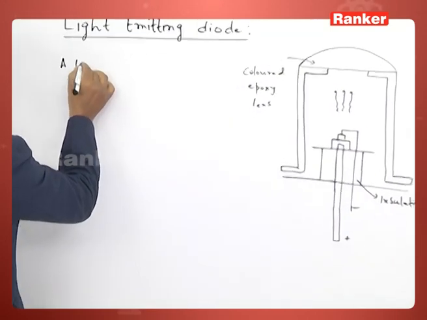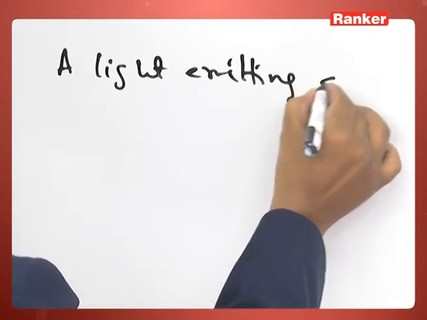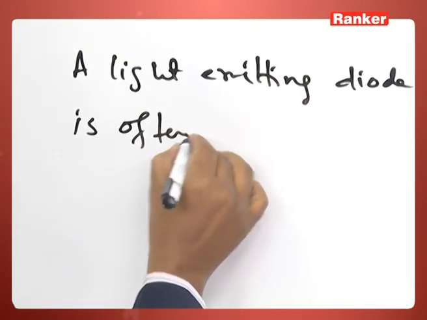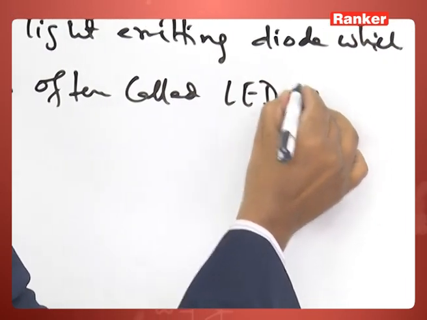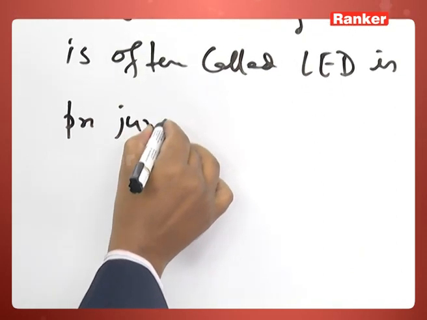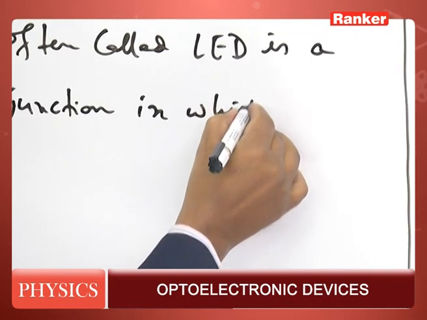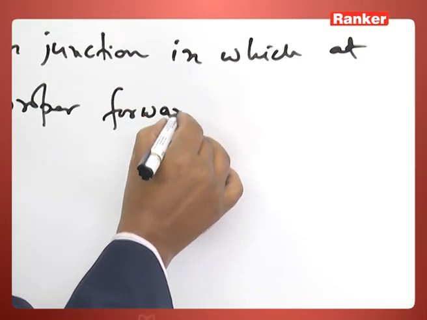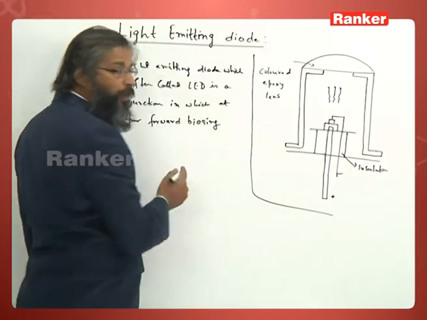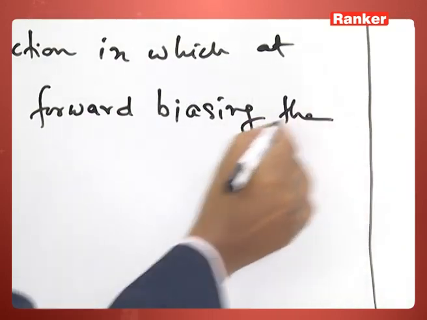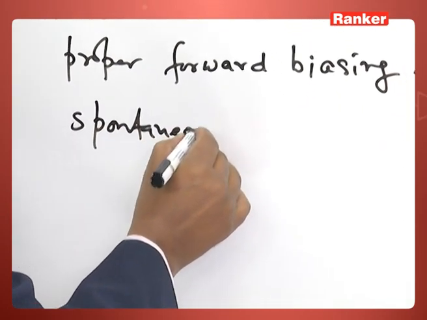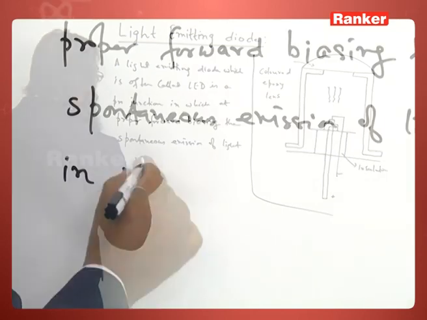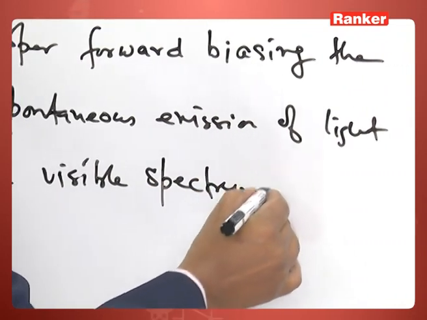A light emitting diode, which is often called LED, is a PN junction in which at proper forward biasing, the spontaneous emission of light in visible spectrum takes place.